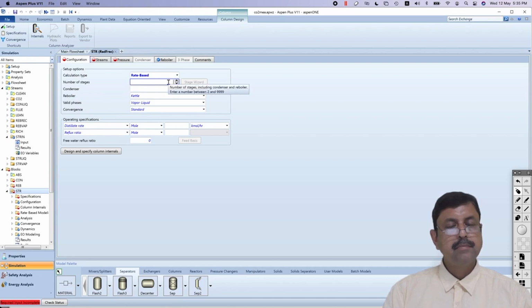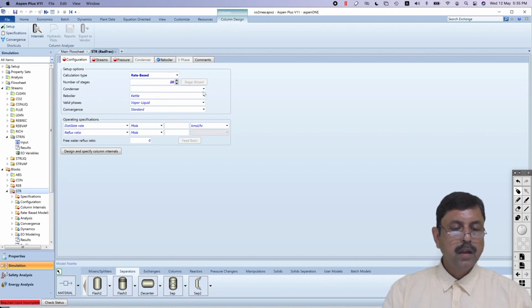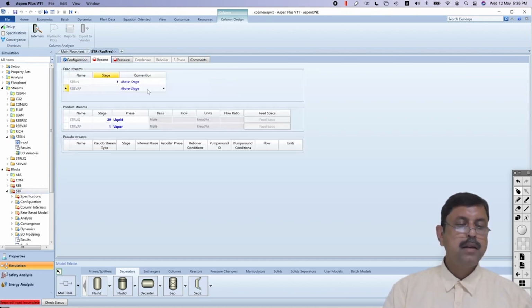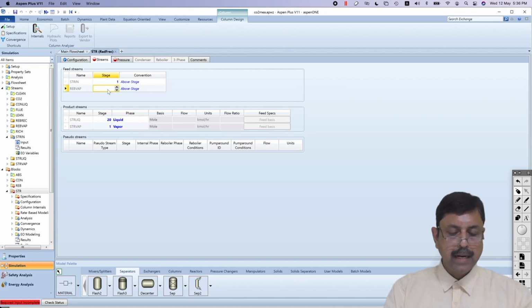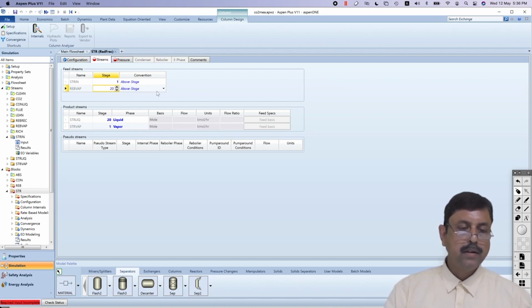Number of stages, let us say 20 stages. Again, there is no condenser, no reboiler, because both of them we are using externally. The stream in will be sent from the top of the column, and reboiler vapor will be added from the bottom, at the 20th stage.